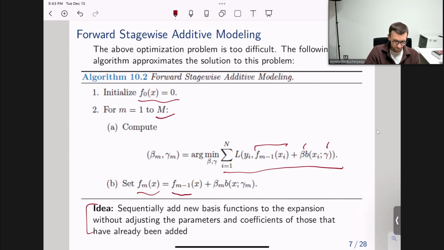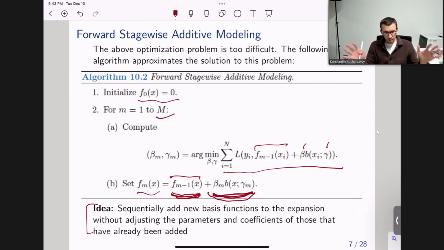Sorry, I misspoke. We update the forecast obtained on the previous iteration by adding the basis expansion of this iteration. So this is the idea of forward stagewise additive modeling.